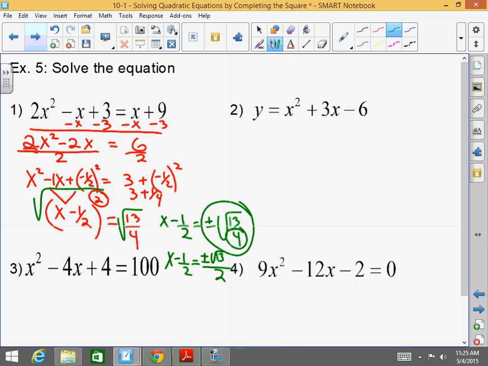Remember I told you during homework today that you can simplify that division? It's the square root of 13 over the square root of 4. So then you add 1/2 to both sides, and x equals 1/2 plus or minus the square root of 13 over 2.